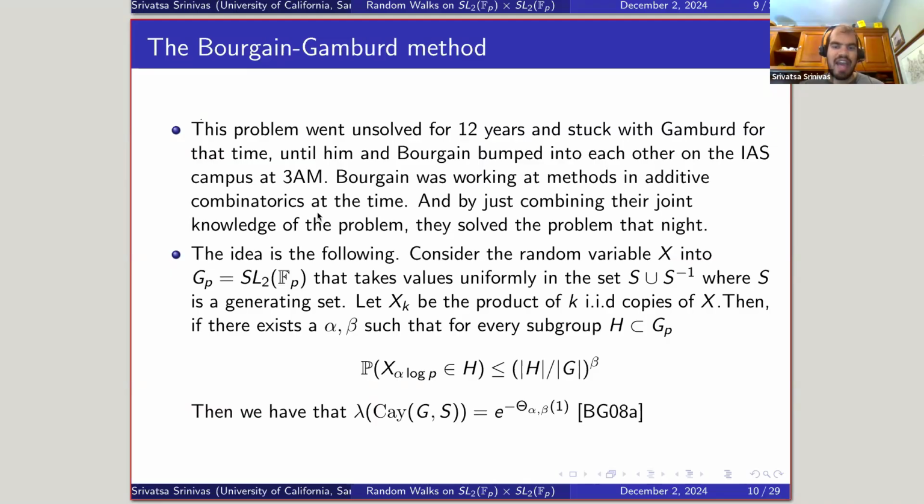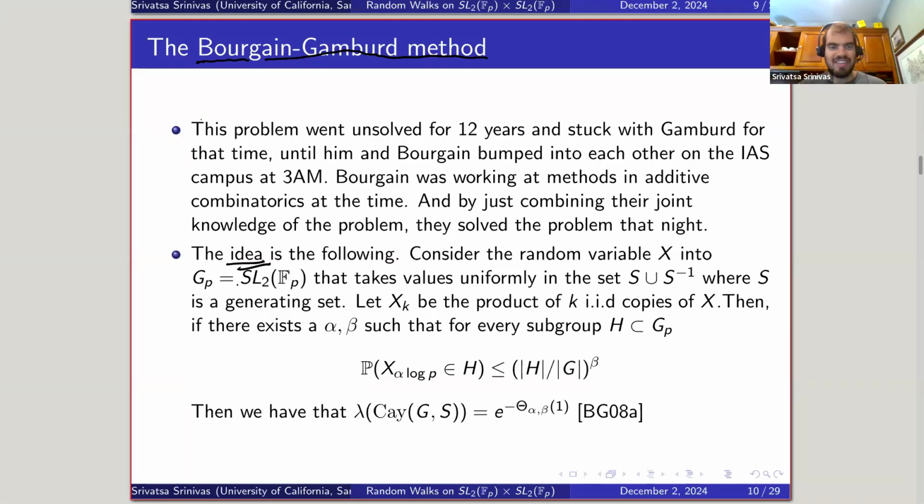Luckily, their techniques actually merged like yin and yang, and then they solved the problem in the span of a night. Okay, so here's the idea, and this is the Bourgain-Gamburd method. And especially for you, Tariq, since every time you go to a dynamics conference these days, you're probably going to see this word. So this is for you.